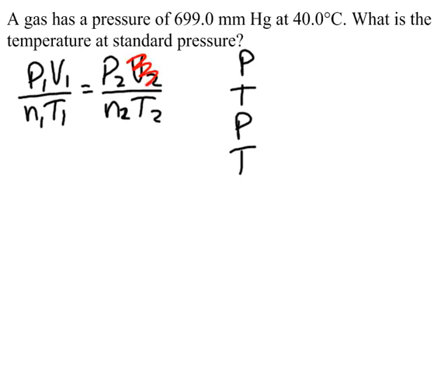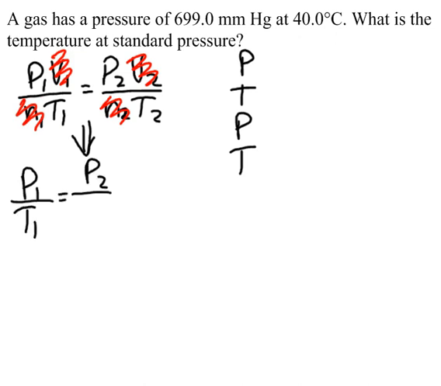Since my volume and number of moles were never even mentioned in the problem, I can assume that they are constant, which means this can be rewritten as P1 over T1 equals P2 over T2.